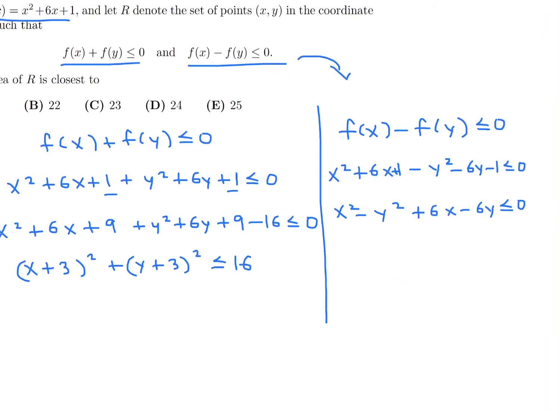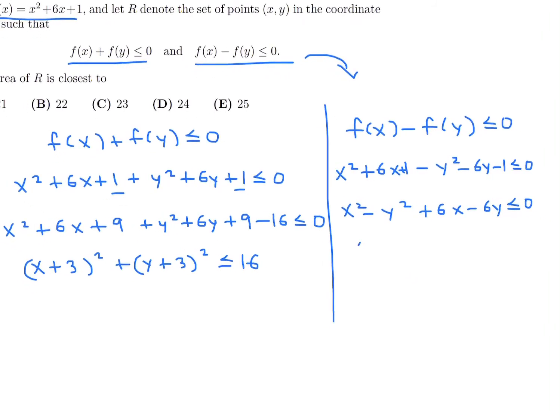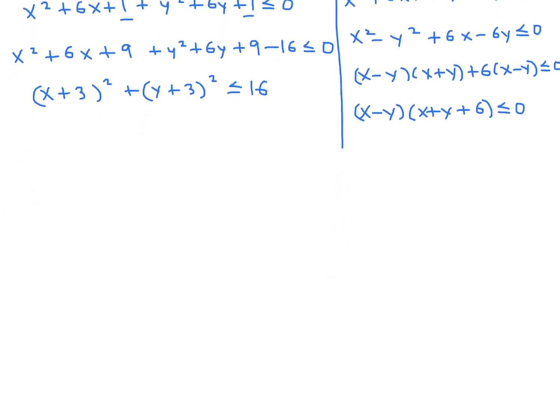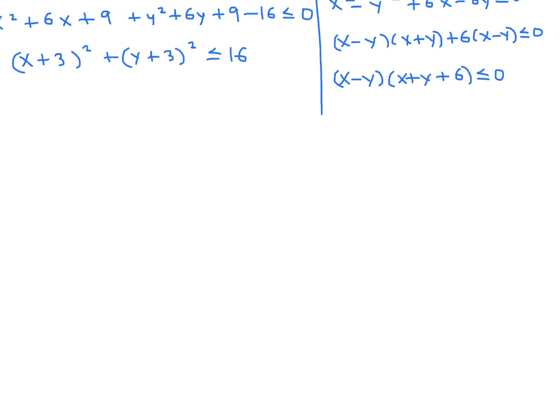And I believe the factoring will help us: x minus y, x plus y. Factor out a 6, and this gives x minus y like that. Factor the x minus y, and you'll get x plus y plus 6, like that. And I think that is about as far as we can go there. So now we have to plot these on a graph.